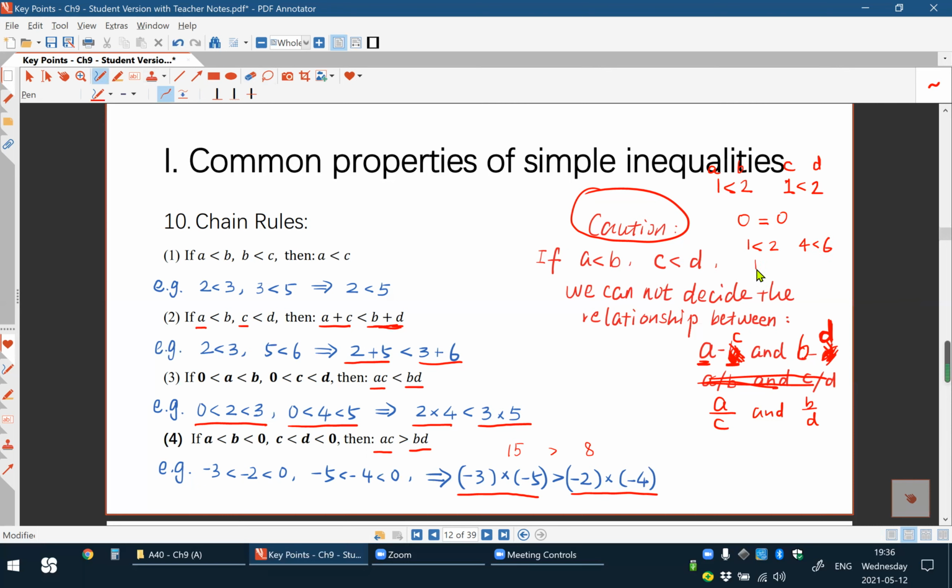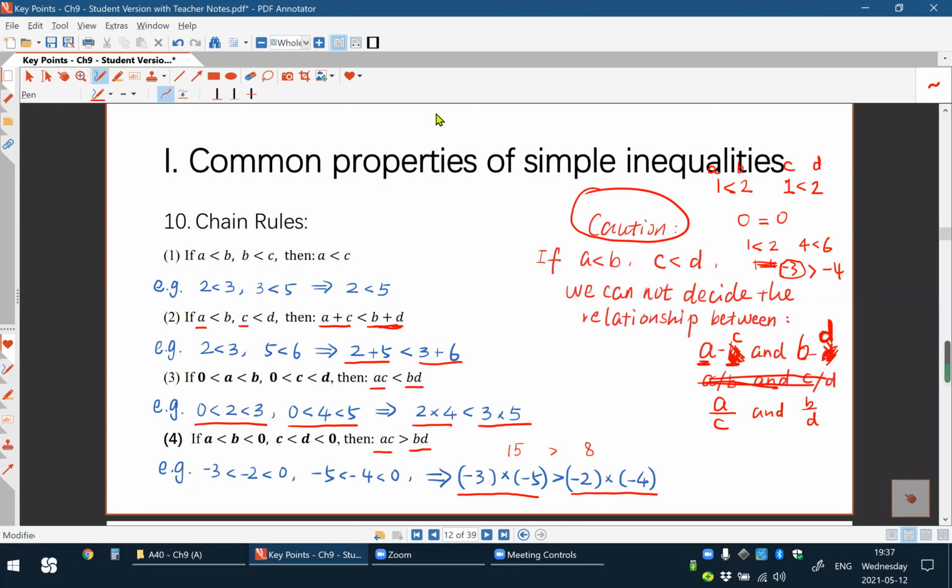Okay, so 1 minus 4 is minus 3. This is the left-hand side. Right-hand side, we will have 2 minus 6, which is minus 4. Minus 3 is larger than minus 4.